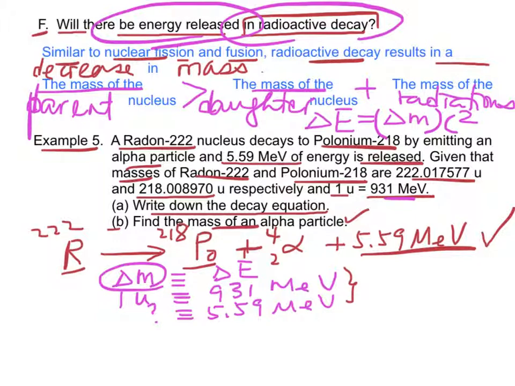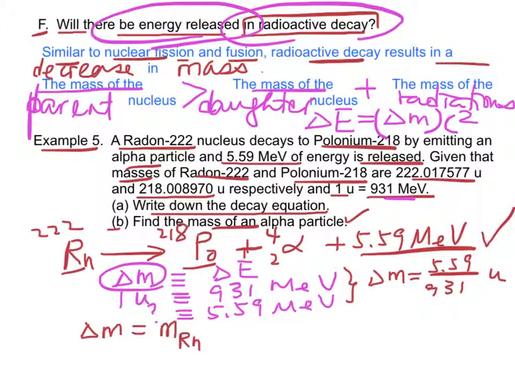Obviously, the mass decrease is equal to 5.59 over 931 U, and the mass decrease delta M will be equal to the mass of a radon nucleus minus the sum of the mass of a polonium nucleus and the mass of an alpha particle.